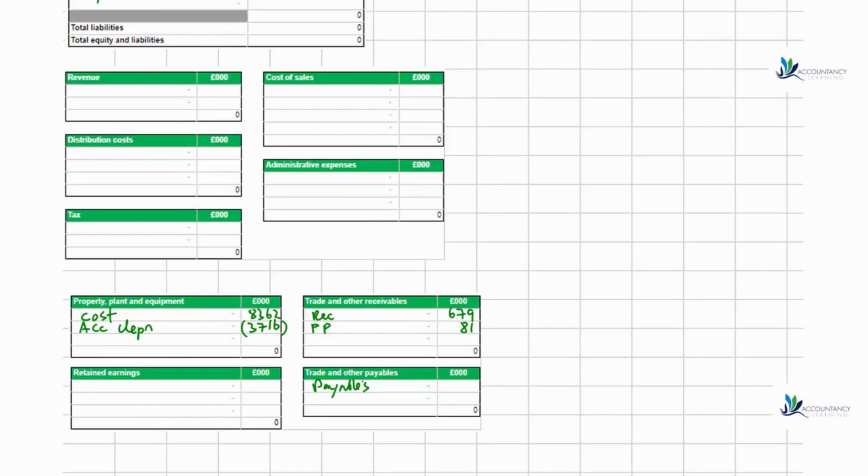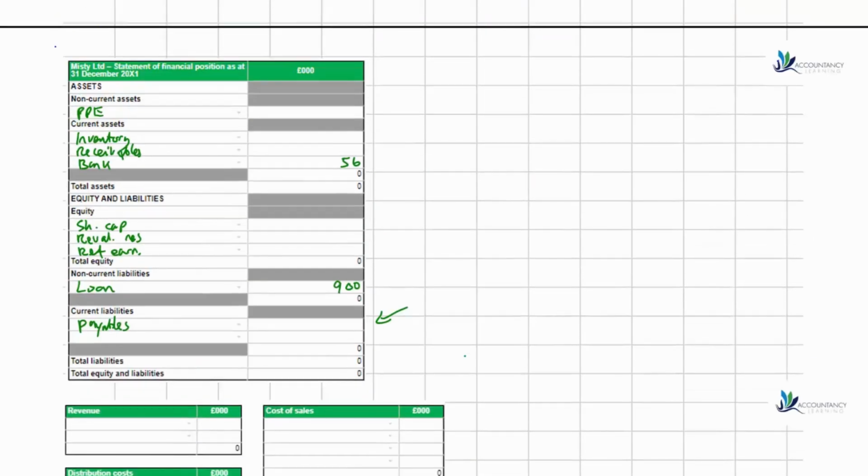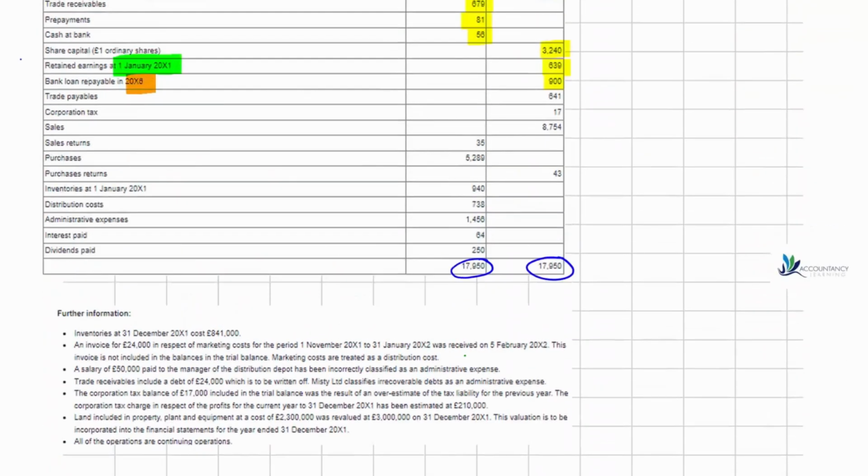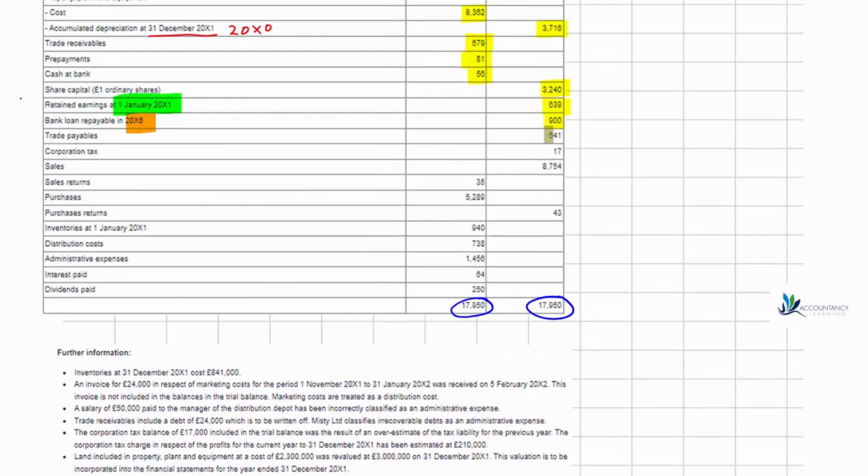Remember that if you make any mistakes in your calculations, the markers will look at your payables working to make sure that it's okay. So you can still earn marks for using the working even though you may not have the correct final number in your statement of financial position. So anyway, we've got payables of 641. So let's go back and highlight that.